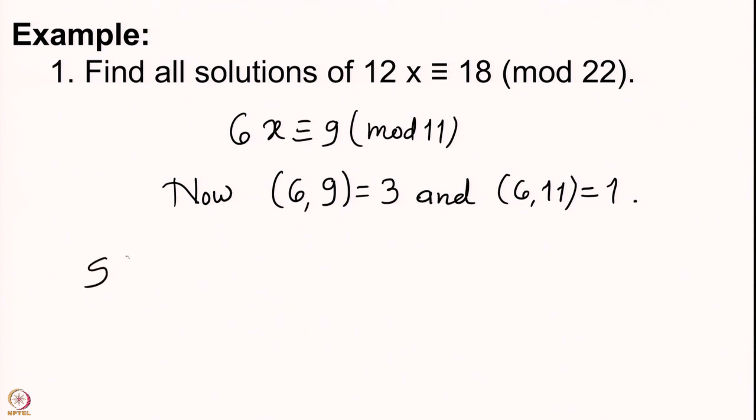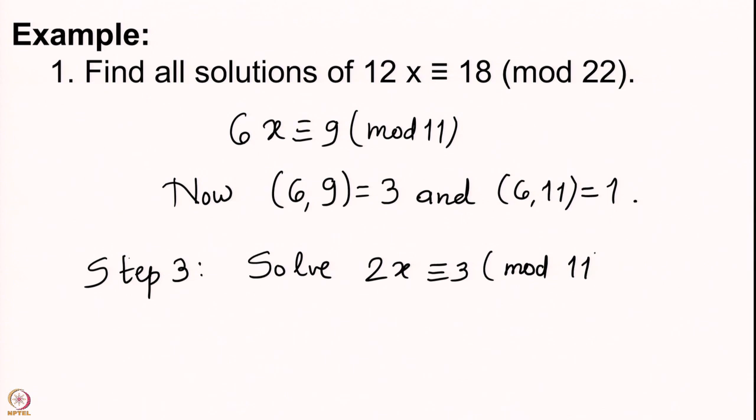So step 3 says solve 2x congruent to 3 mod 11. Because we have cancelled out 3 from both these coefficients, this remains as it is. But this is now a very simple thing. 2x congruent to 3 mod 11 can be computed quite easily.